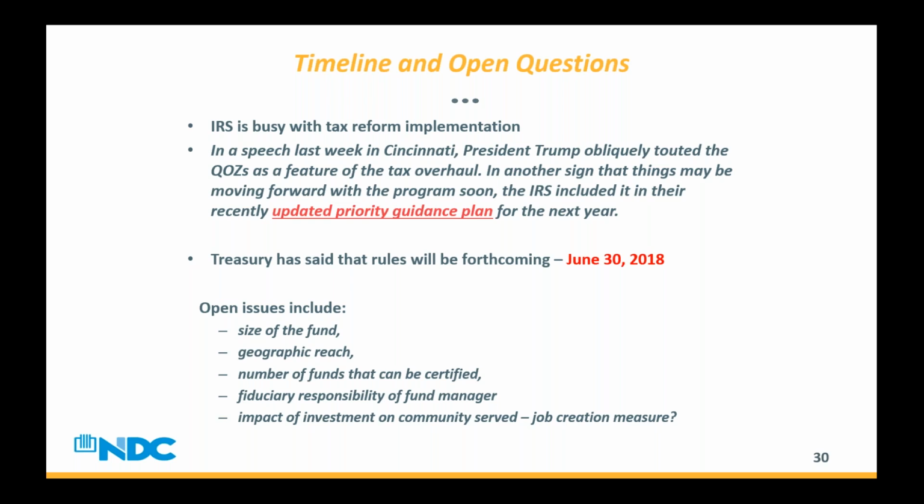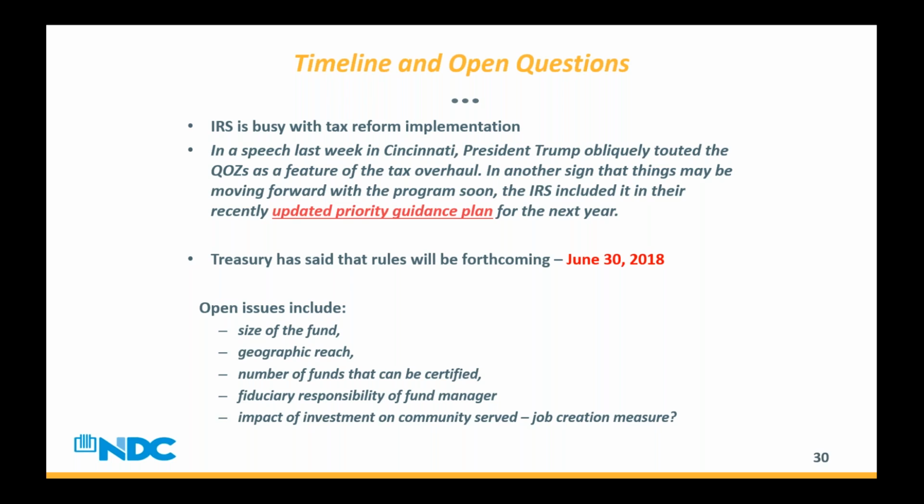Now, the writers of the legislation have basically said their perspective is let 1,000 flowers bloom. They want to see as light a hand in regulation from the federal government as possible. Their strong thing is 90% of the investments absolutely must be made in the opportunity zone, but they would like to see the private sector drive this.